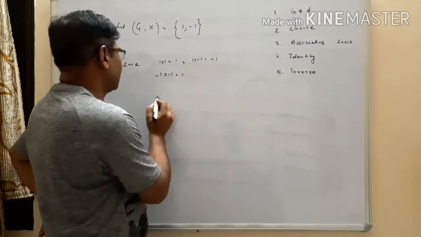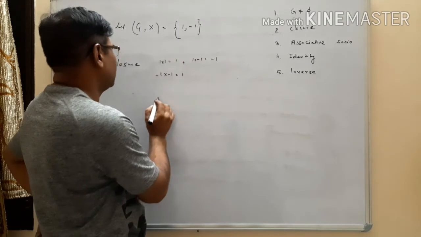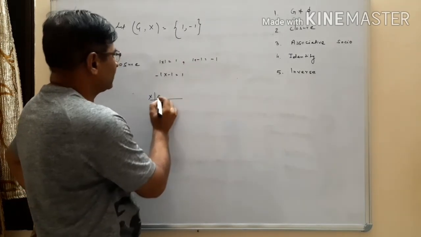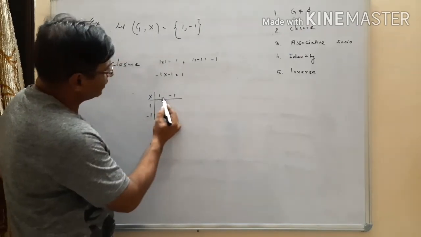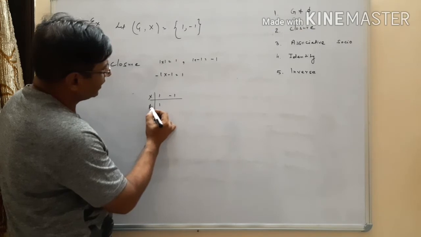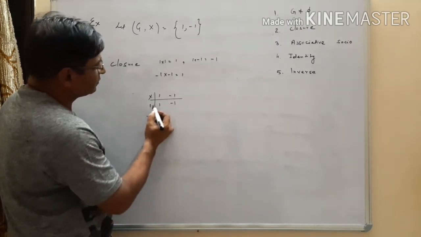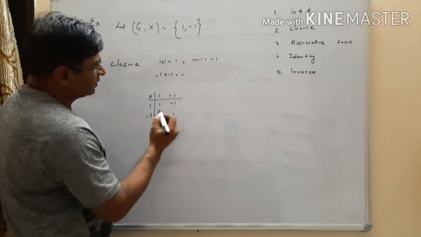So we can use the Cayley table so that the mess will not happen. Our elements are 1 and minus 1: 1 multiplied by 1 gives 1, and 1 multiplied by minus 1 gives minus 1. Minus 1 multiplied with 1 gives minus 1, and so on.